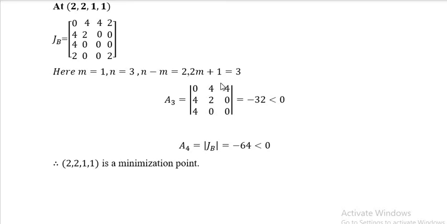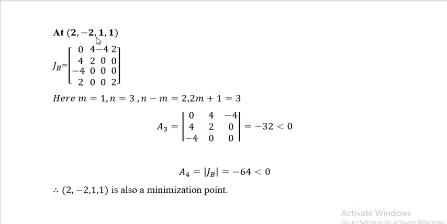According to the previous conditions of maxima and minima, calculate the last two principal minors. A3 equal to minus 32, which is negative, A4 equal to minus 64, which is also negative. So this point 2, 2, 1, 1 is a minimization point.